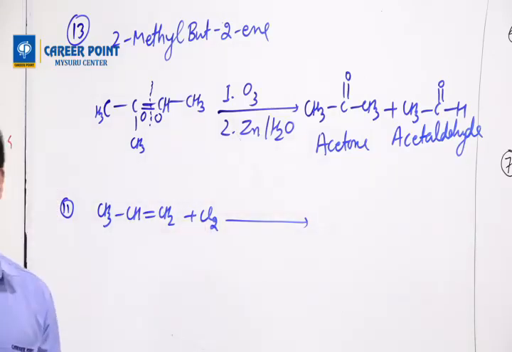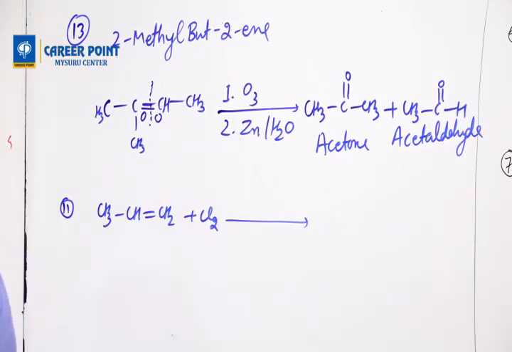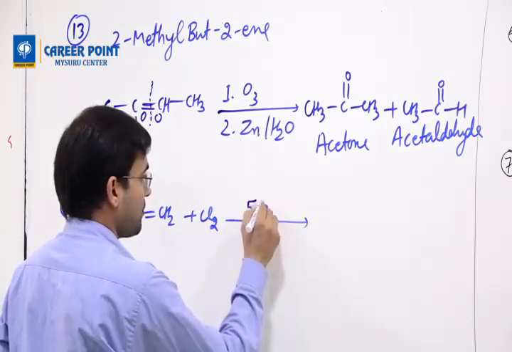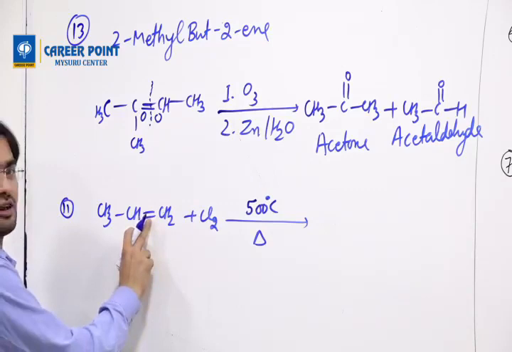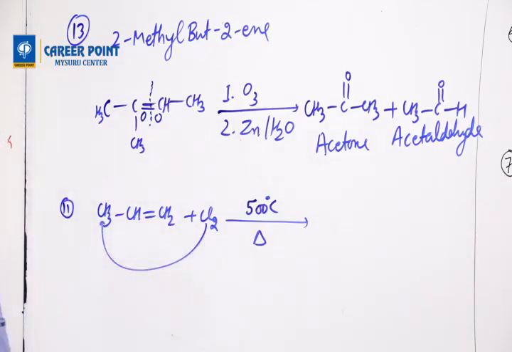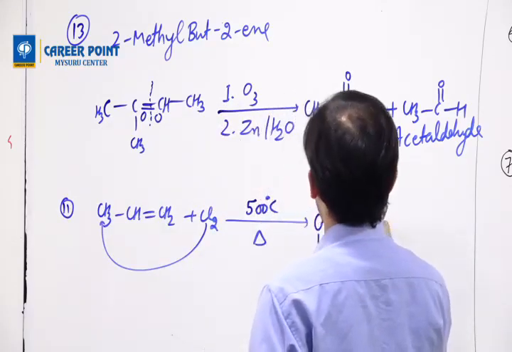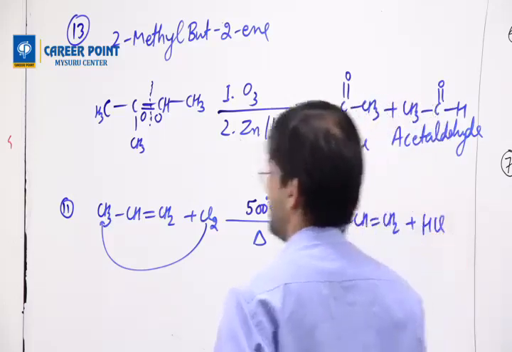That is when you do not heat it. But when you heat this at 500 degrees Celsius, Cl2 does not react with the double bond. It reacts and replaces one of the alpha hydrogens. Then what do I get? I get CH2Cl, CH double bond CH2 plus HCl.